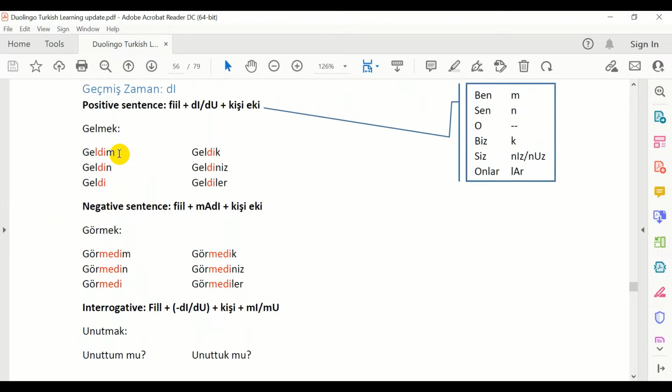That is all. Geldim mi, did I come? Like here, an example. Unutmak means to forget. Unuttum, I forgot. Unuttum mu, did I forget? And you can continue that. As simple as that. Only and only after the positive form of the sentence, you add the question suffix. Very simple.